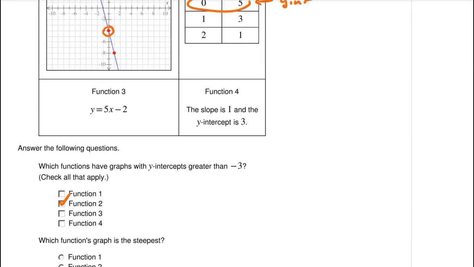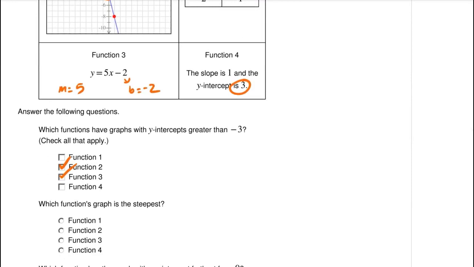Over here, your m is 5 and your y-intercept is the b, so -2. -2 is bigger than -3, so that is also a correct answer, function 3. For function 4, the slope is 1 and the y-intercept is 3, which is bigger than -3, so function 4 is also a correct answer.